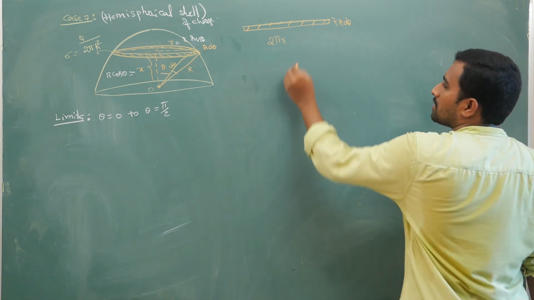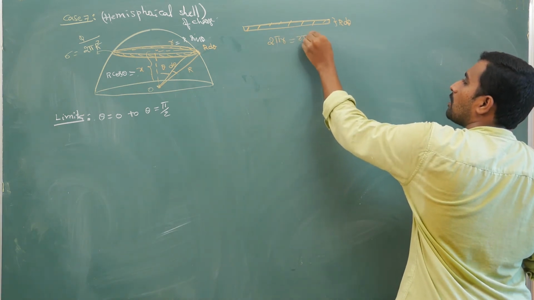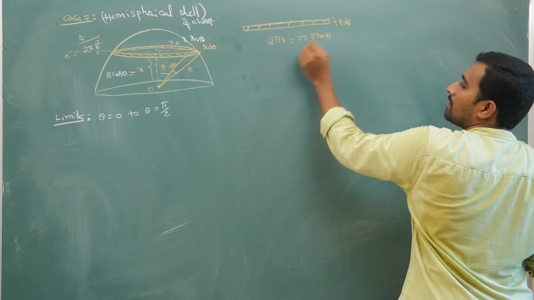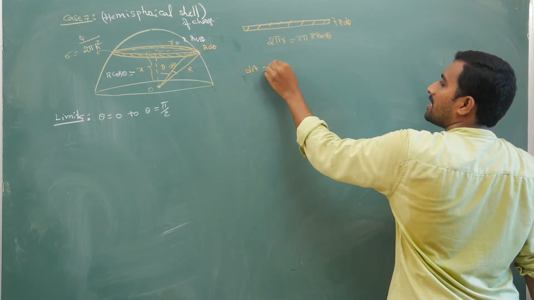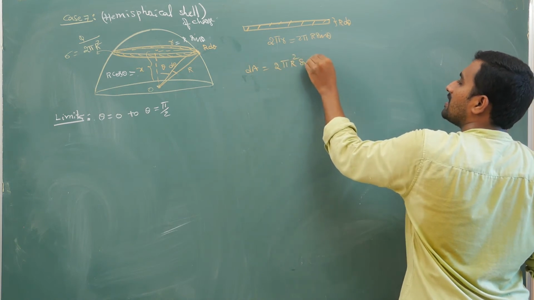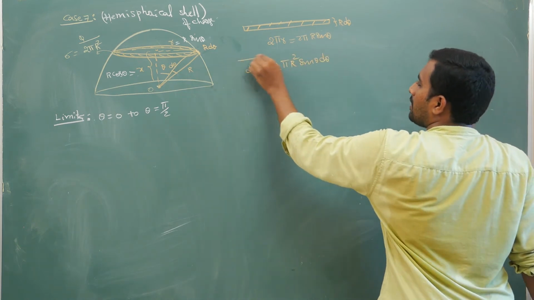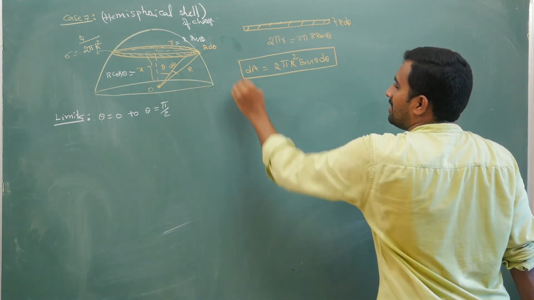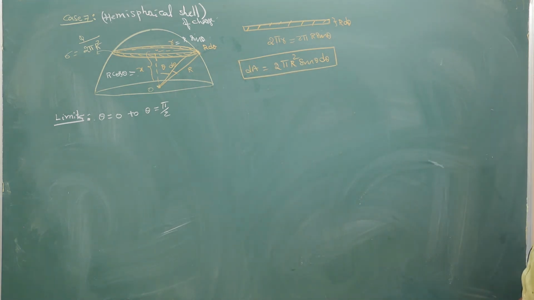So 2 pi times small r is capital R sin theta, so your small area dA is 2 pi capital R square sin theta d theta.